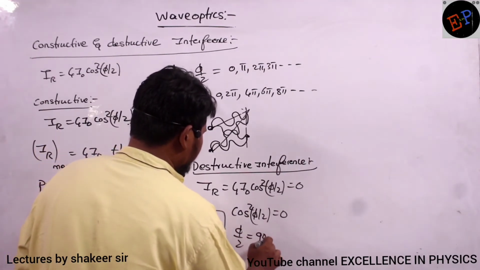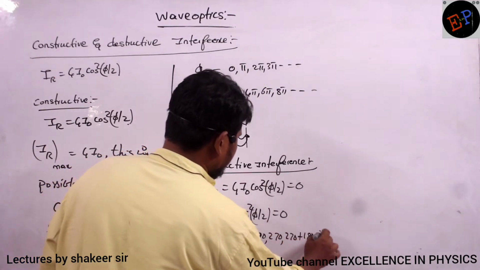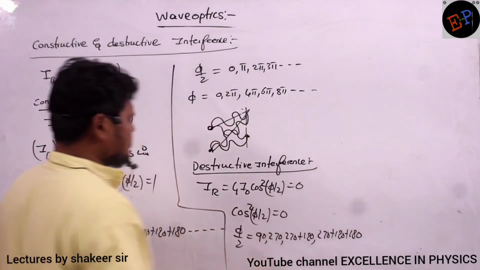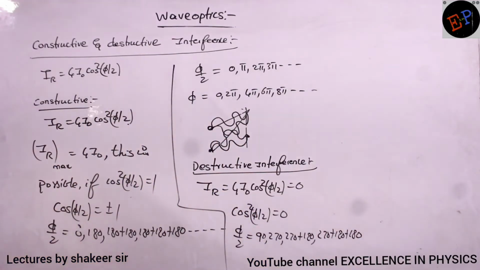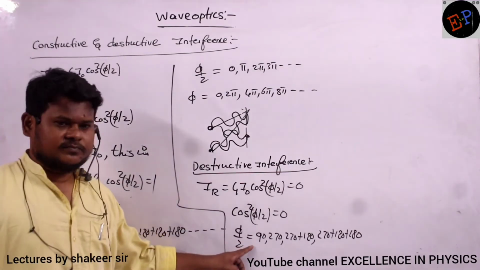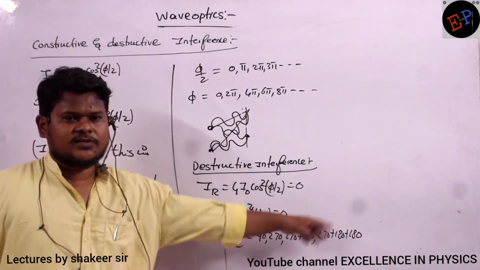For 90, for 270, 270 plus 180, 270 plus 180 plus 180. For these angles, the cos value will become 0. Cos 90 is 0, cos 270 is 0, 270 plus 180 is 0, like this it goes on.